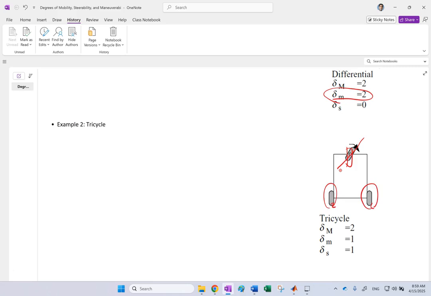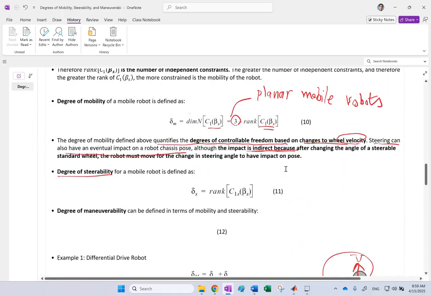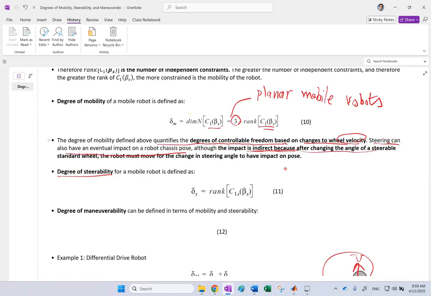If these wheels are not spinning at the moment, rotating this steerable wheel to the left or right will give me no motion, so I cannot feel it. But when these guys start to spin, now I can see whether I'm going in this direction or this direction or where. So the steerable degrees of freedom are only felt after the wheels start to move. That's why we call them indirect, but those degrees of mobility are like active ones because you immediately feel them.